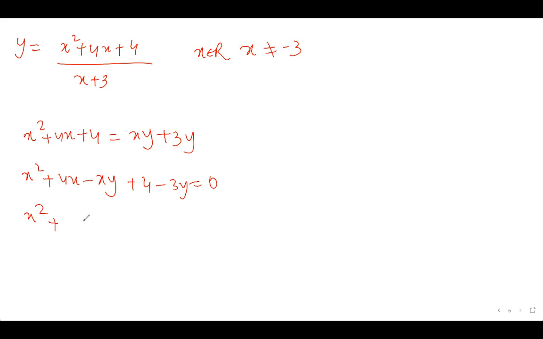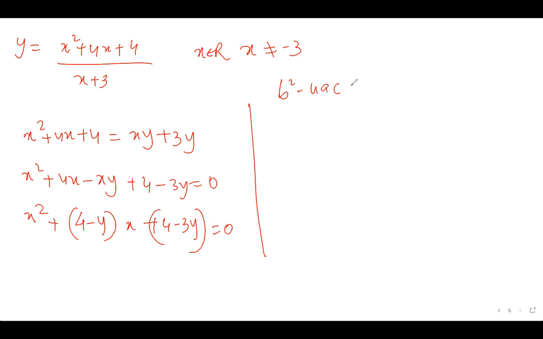So it'll be x squared plus (4 minus y) times x plus (4 minus 3y) equals 0. Now I do b squared minus 4ac, so it'll become (4 minus y) the whole squared minus 4 times 1 times (4 minus 3y). This should be greater than or equal to 0 because if x and y are real, this quadratic should have a distinct root or equal root.